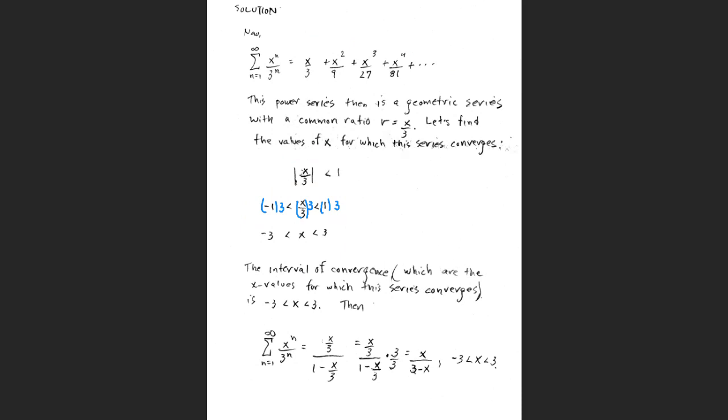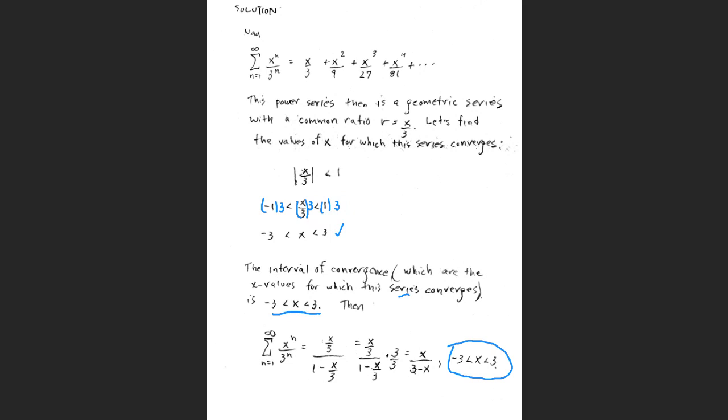So that means x is between -3 and 3, and those are the values of x for which that power series converges. When x is between 3 and -3, we have a convergent geometric series.